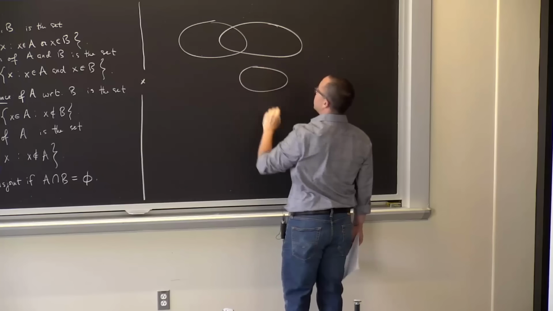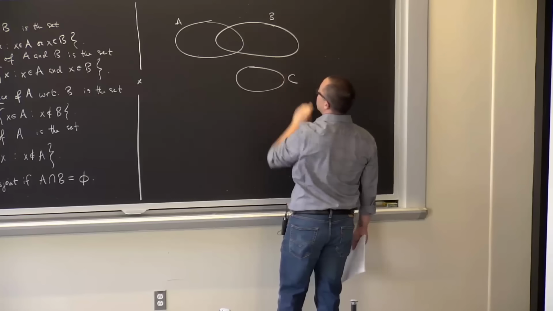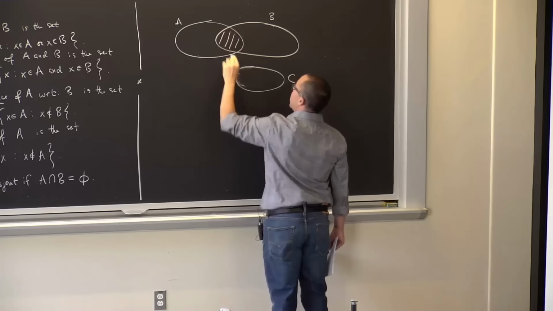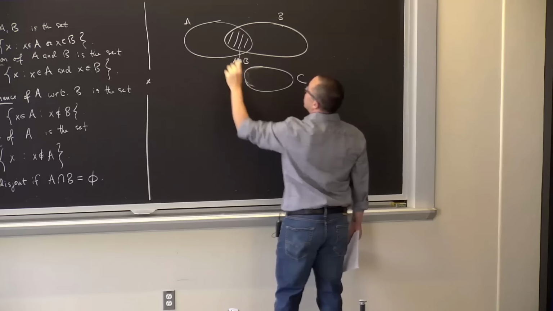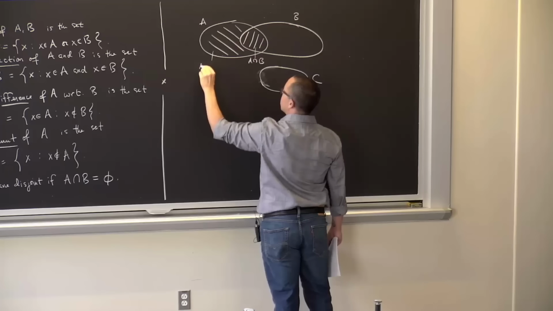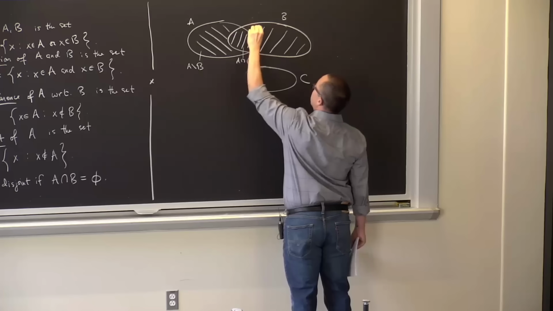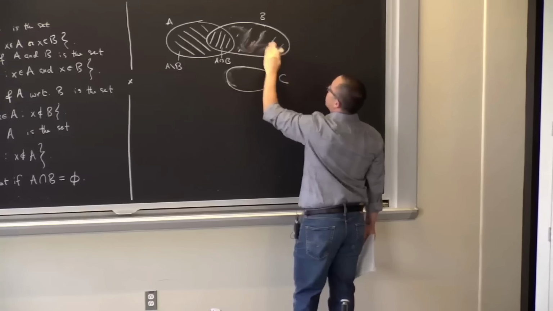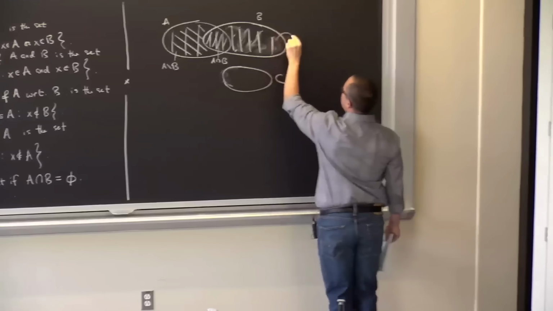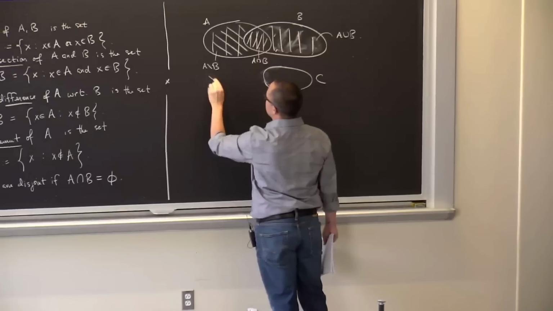So let me just kind of draw a quick picture. This blob over here is A. This is a set B. This is a set C. Then what I have here, that's A intersect B. This bit over here with the lines going this way but not including this, this is A take away B, A backslash B. So let's go vertical, and everything with a vertical line is A intersect B. So A backslash B has the lines going this direction.